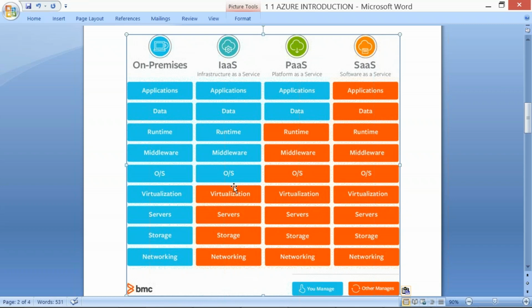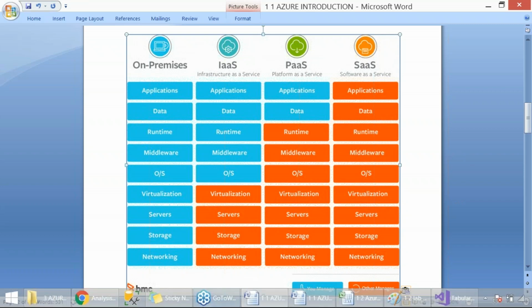And IaaS is 50-50. 50% you manage, remaining 50% the cloud provider will manage. Like for example, here we go.